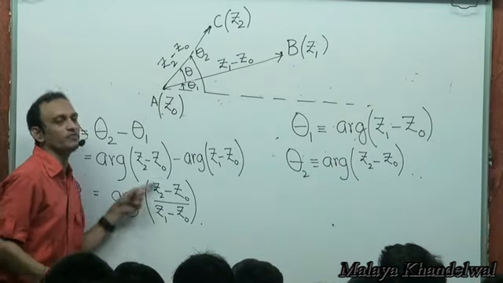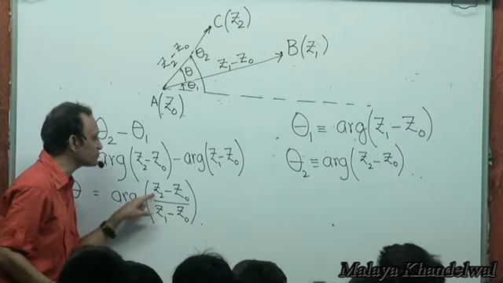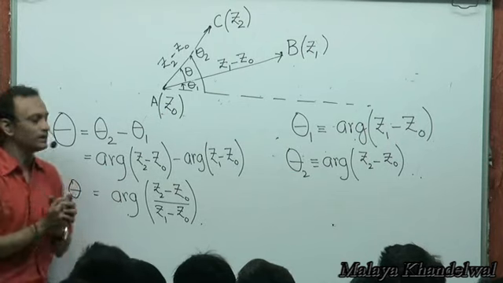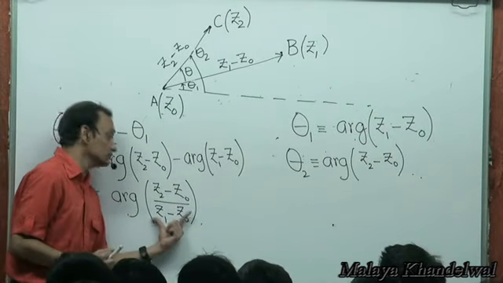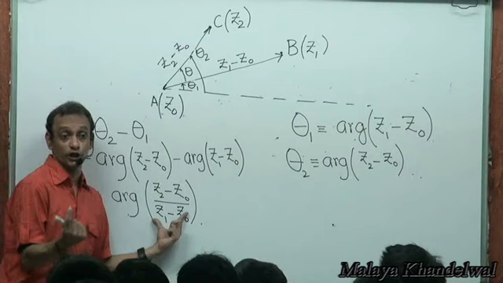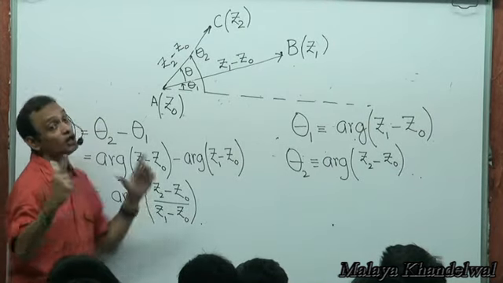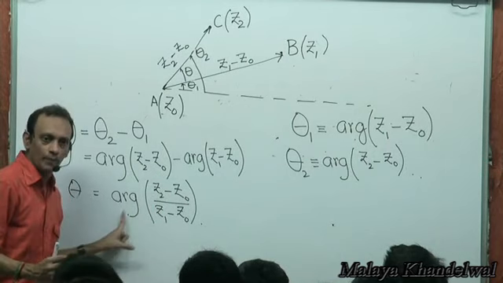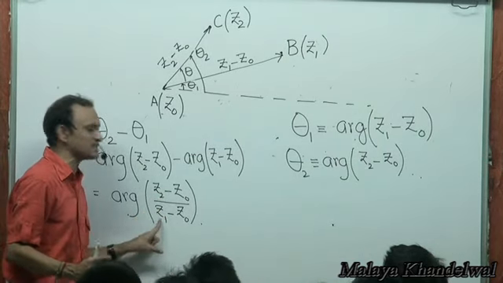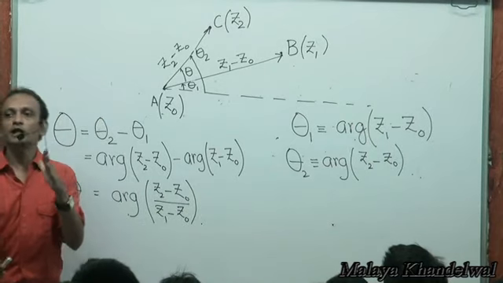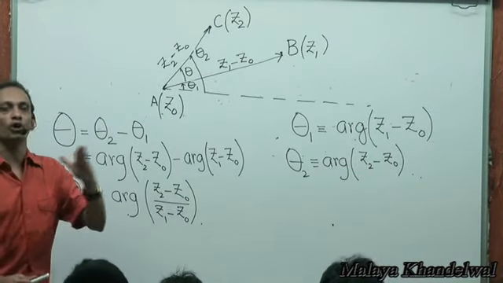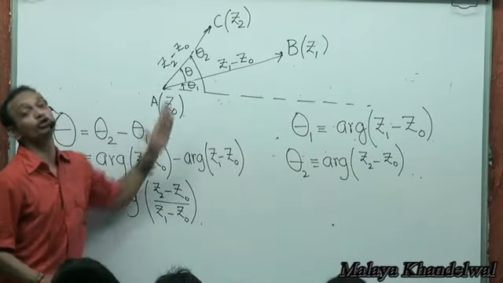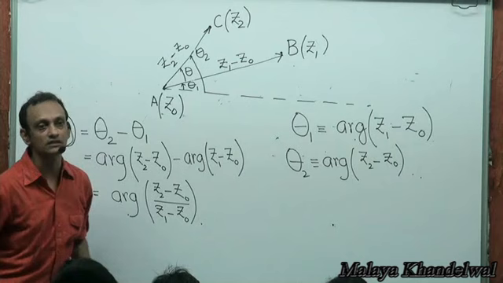This operation, argument of z2 minus z0 by z1 minus z0, will give me the angle by which I must rotate the denominator vector z1 minus z0 so that it becomes aligned with the numerator vector z2 minus z0.